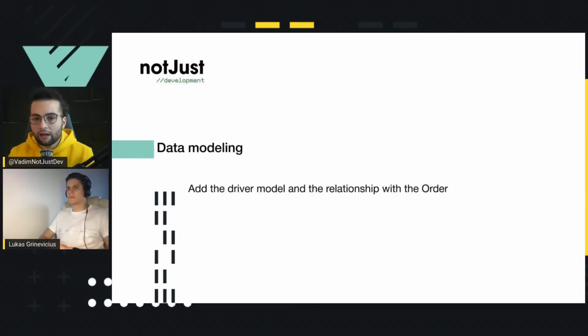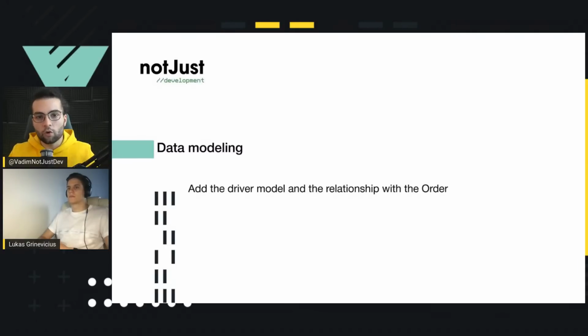Our driver side application will work with everything we already have, for example orders, restaurants, dishes, and so on. The only thing we are missing is a way to store information about the drivers, store the driver location, and connect an order with a driver.